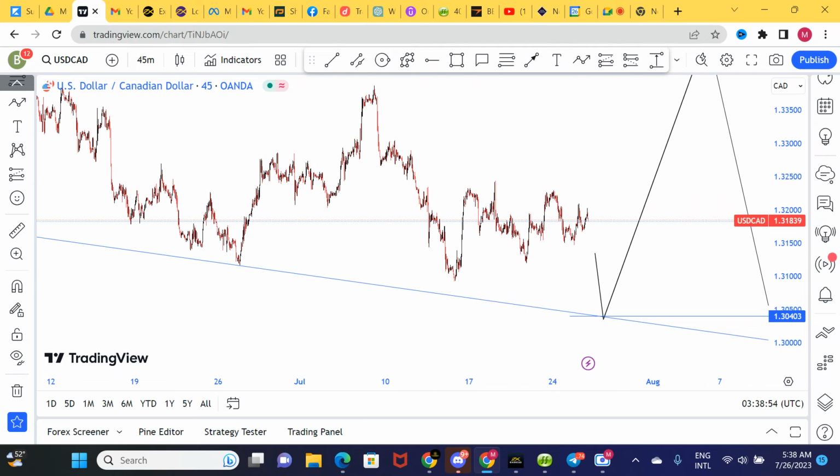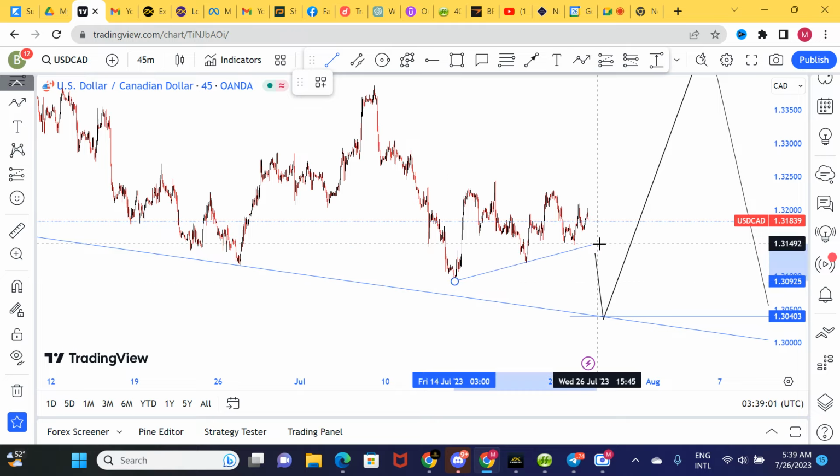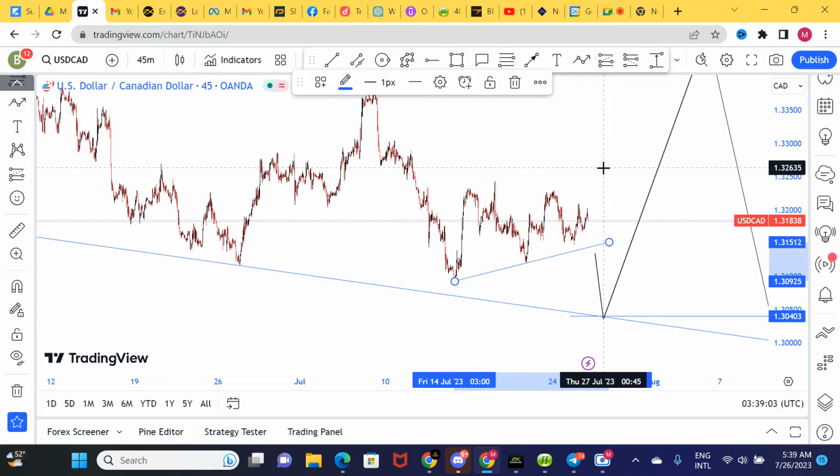We're going to go to the lower time frame and see what price is doing in the now moment. We can see there's sort of a trend line here. We have an inner trend line.